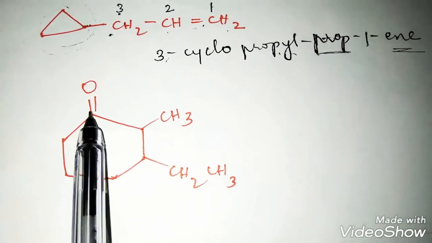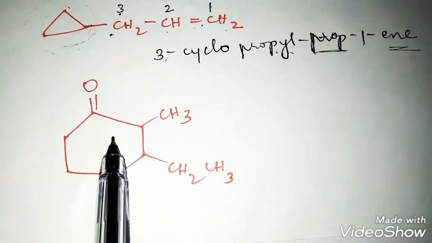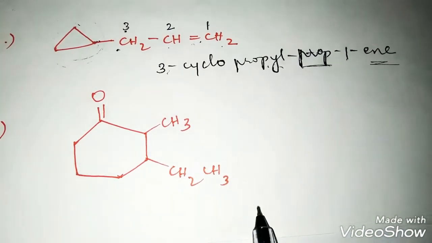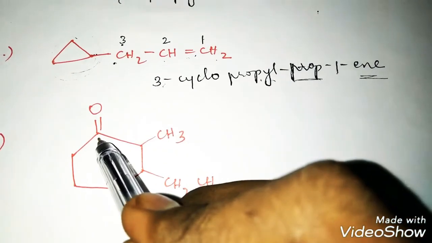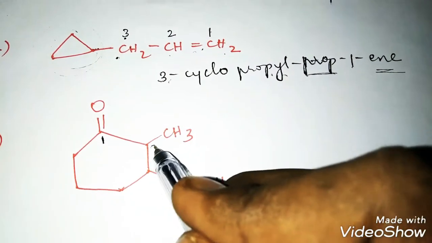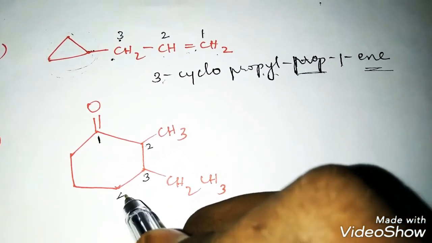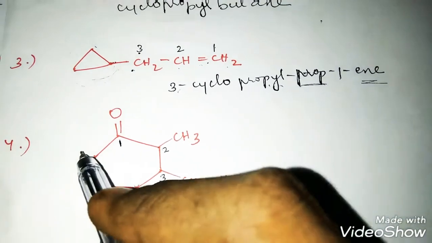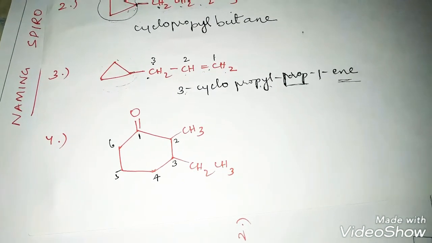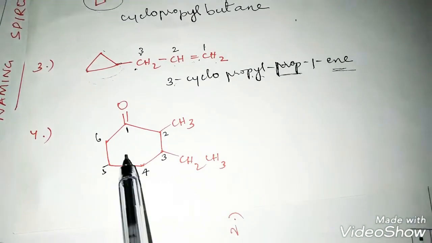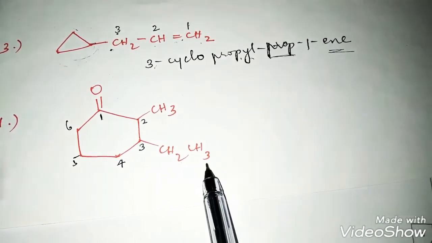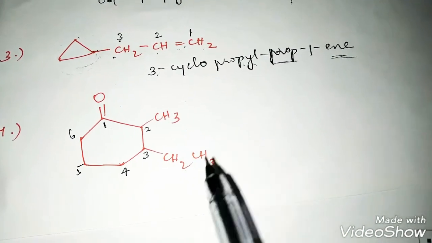Here we have a carbonyl system with a double bond O, with substituents attached. How can we name this? We will start from the functional group. We have to number from here: 1, then 2, 3, 4, 5 and 6. Now we need to name it. There are 3 groups here, and among the substituents this is the biggest group, so we'll name from here.